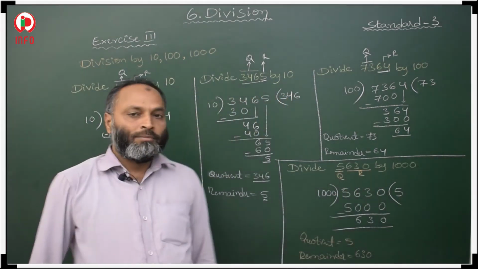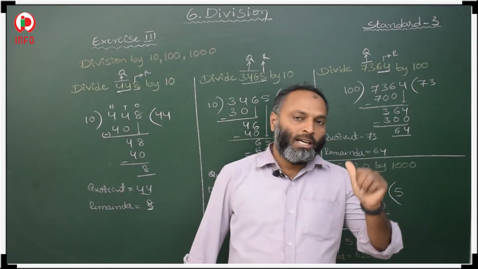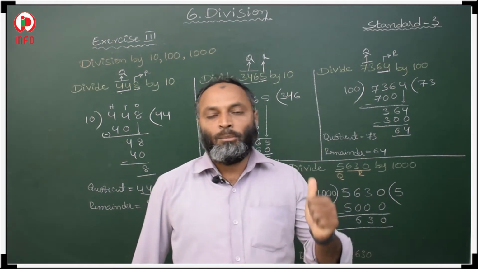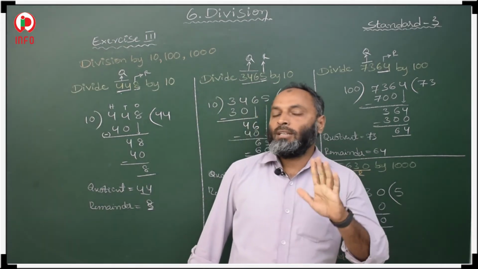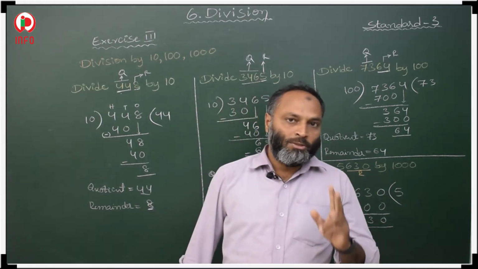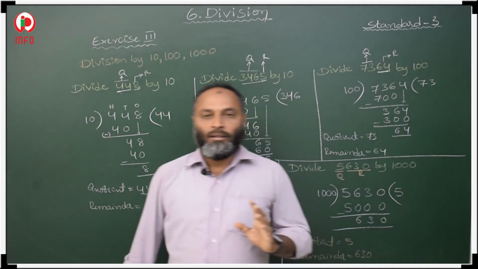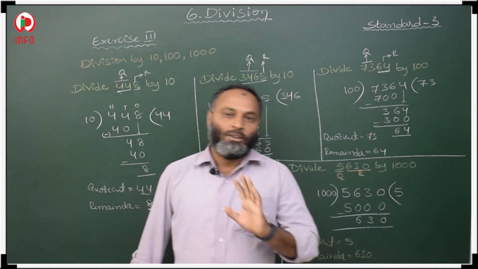Now remember one thing here: whenever a number is divided by 10, the last ones place is the remainder, and the rest of the places are the quotient. When you divide with 100, the last two places, that is ones and tens, are your remainder and the rest of the places are your quotient.